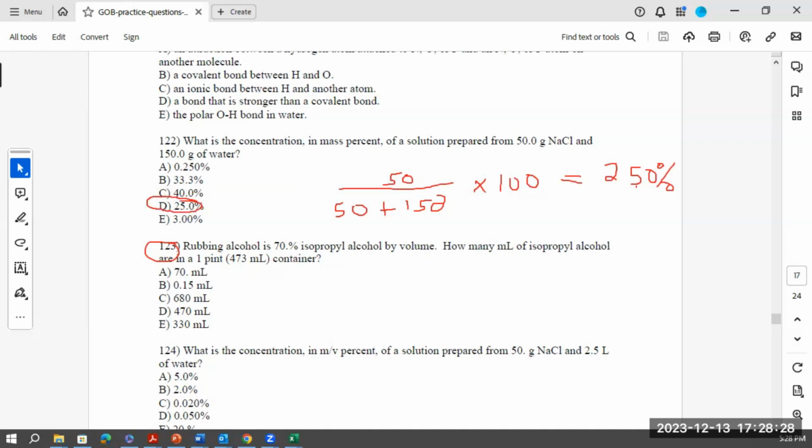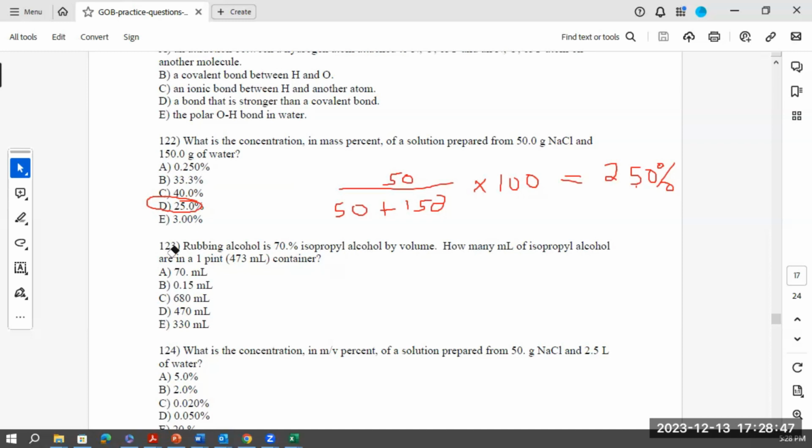Okay, number 123. Rubbing alcohol is 70% isopropanol by volume.